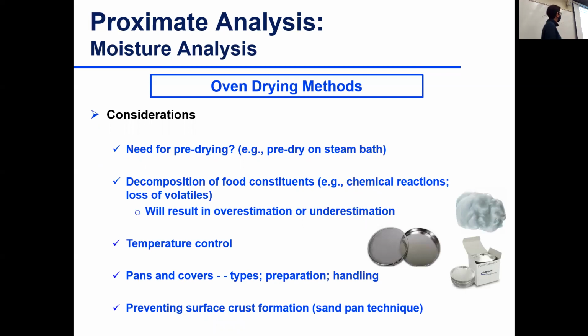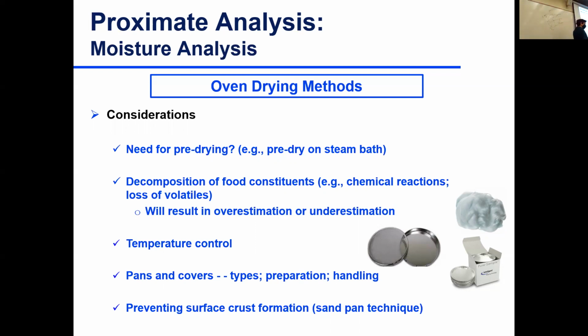Sometimes there are so many considerations for drying methods. Pre-drying. So food products such as milk. If you want to put milk in the forced draft oven and then boiling happens at 100 degrees, what's going to happen to the milk sample? It boils off, and you would have error in measuring moisture content.